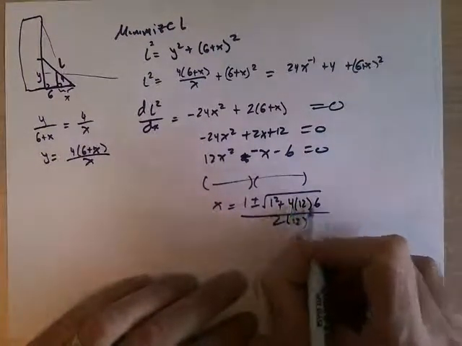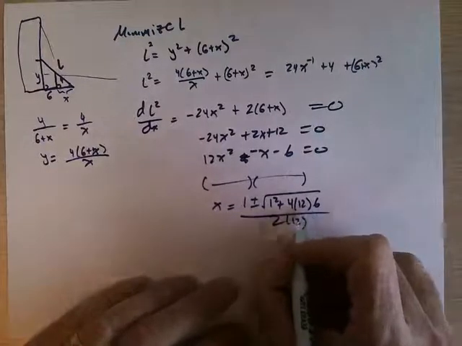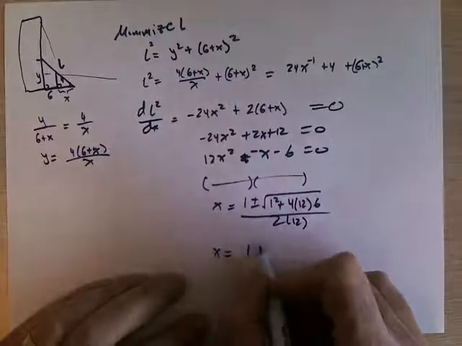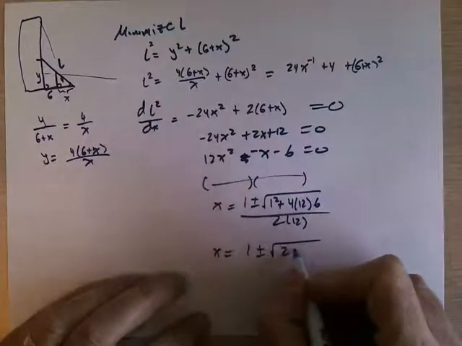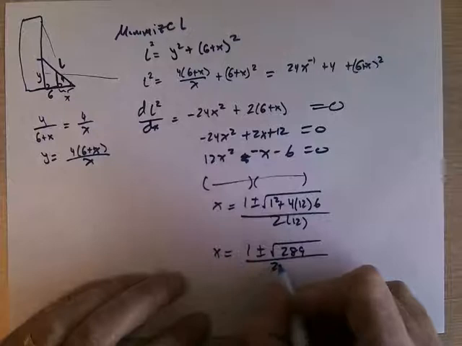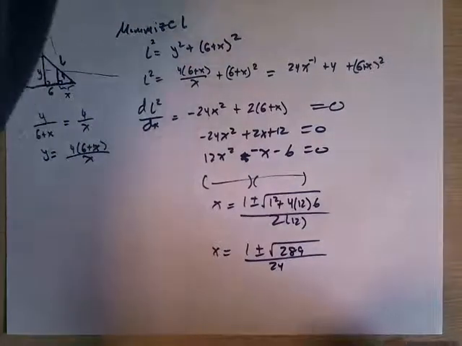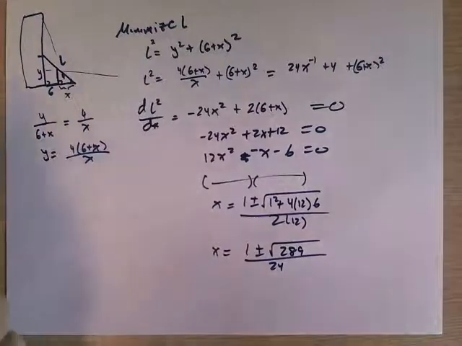So this is 24 times 12, that's 288, 289. So x is 1 plus or minus the square root of 289 over 24. If 289 is a perfect square, then I should have been able to factor this, but I don't think it is.